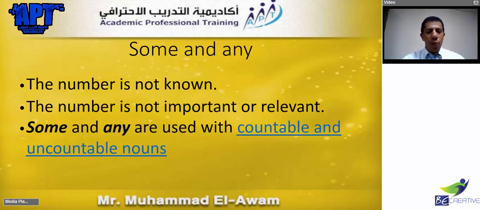Also, we use them when the number is not important or relevant. For example, I'm going to an exam and someone asks you, do you have pens? Yes, I have some pens. I have some money. It's not important how much money you have or how many pens you have. What is important is that you already have pens you can use.